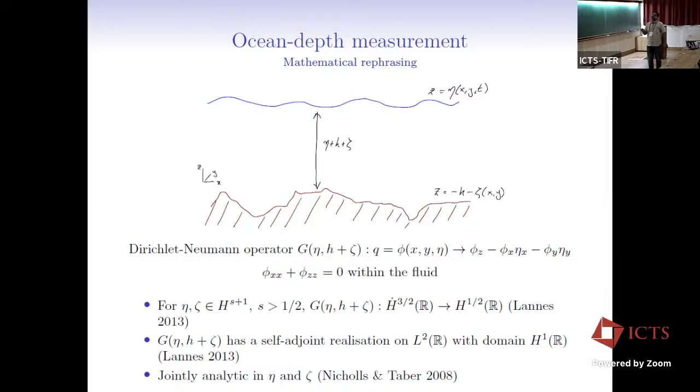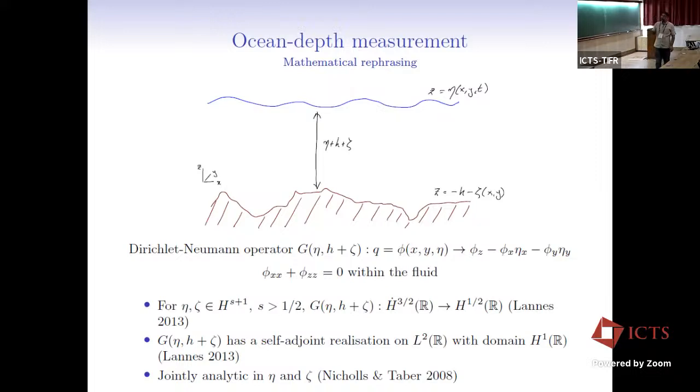Given that solution, you now compute the Neumann condition at the free surface. So it's a map from the Dirichlet condition at a boundary to the Neumann condition at that boundary by solving the PDE, assuming there is a boundary somewhere else. That's why G is a function of eta and zeta that takes a Q and maps it to the Neumann condition.